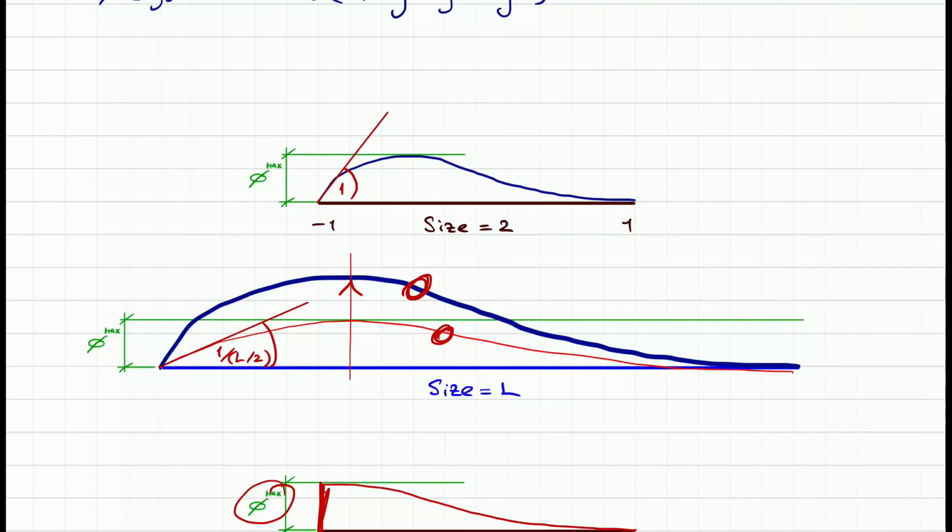So you stretch just the x-axis, then you have the slope dy dx, right? But you scale the x up by L over 2. Then your slope turns out to be not 1, but 1 divided by L over 2. So to correct that, you scale the y-axis, or the shape function axis, up by L over 2 as well.